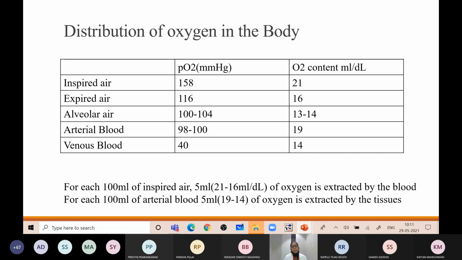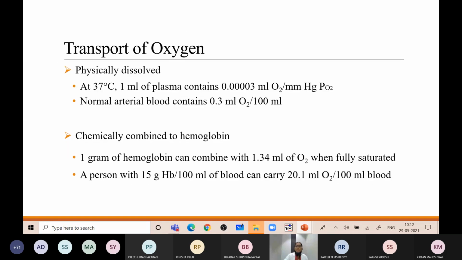For each 100 ml of inspired air, 5 ml of oxygen is extracted by the blood, and for each 100 ml of arterial blood, 5 ml of oxygen is extracted by the tissues.